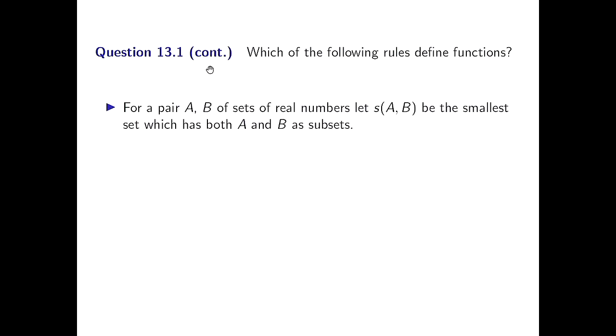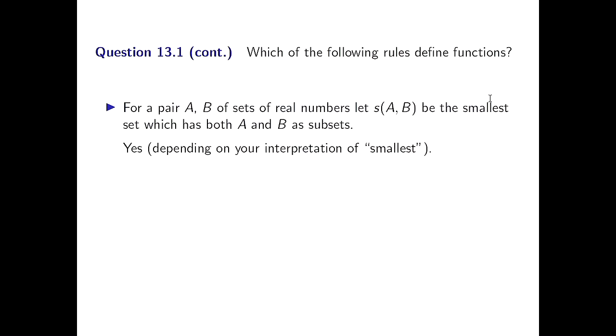Okay, for a pair A, B of sets of real numbers, let S of A, B be the smallest set which has both A and B as subsets. This is sort of an unfair question because smallest is not specific enough to really tell you whether this is well defined or not.